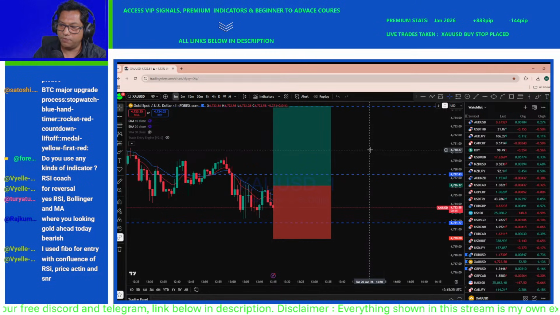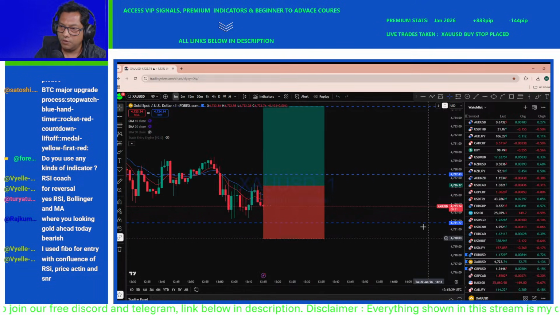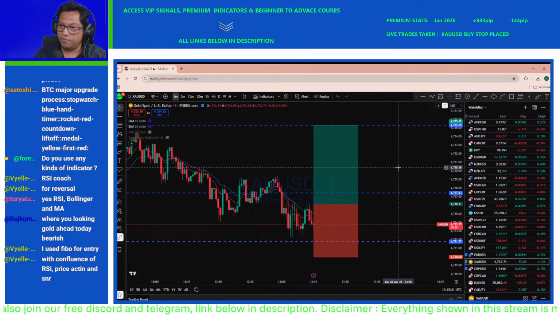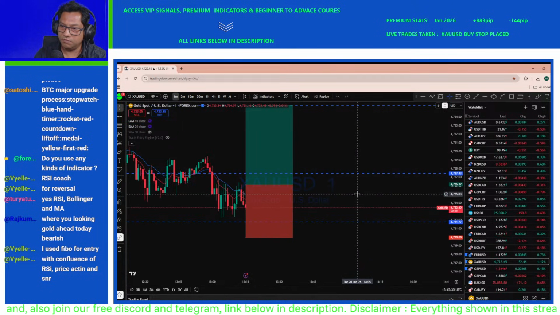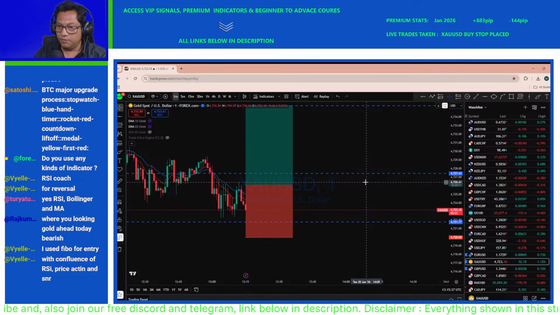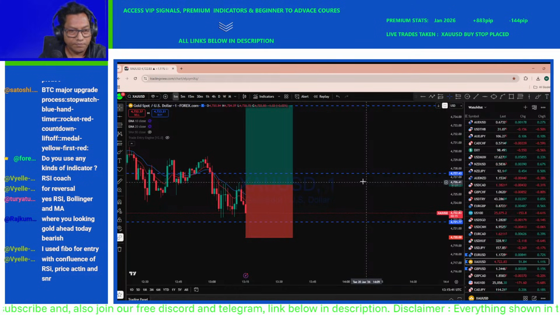So we had a bit of a gap here from this support. This pattern that you can see had a significant imbalance in that area.